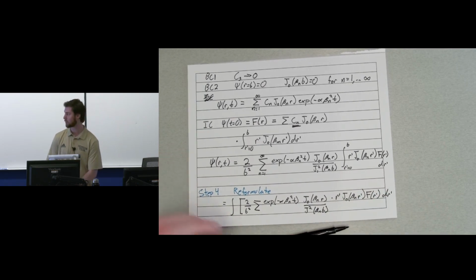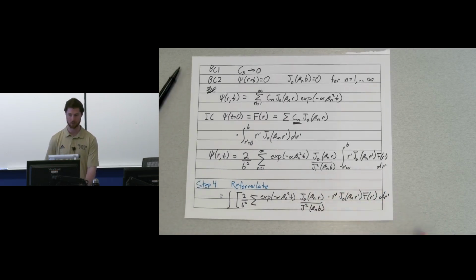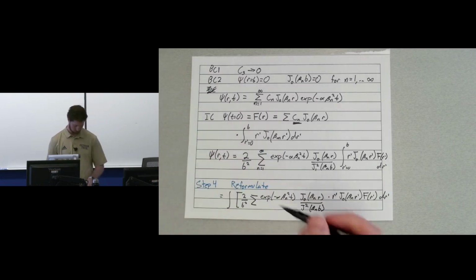Okay, so now can we extract the kernel from this? Okay, so what's going away? Everything but integral f of r prime dr prime.